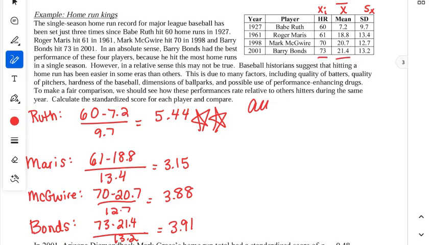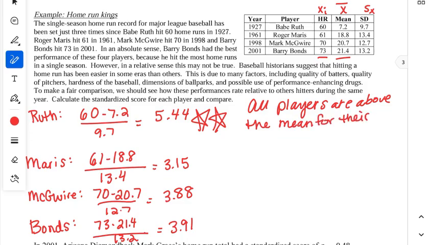So we do need to compare. So what is the same about all of them? Comparing our home runs with our mean, they're all higher. So all players are above the mean for their respective years.